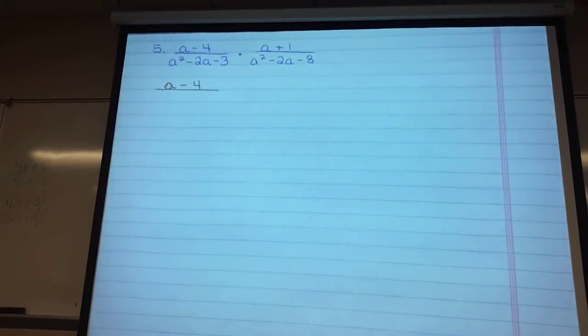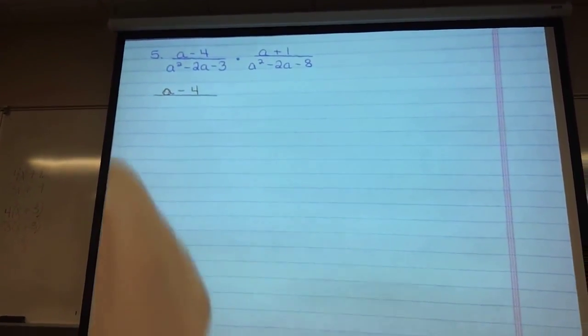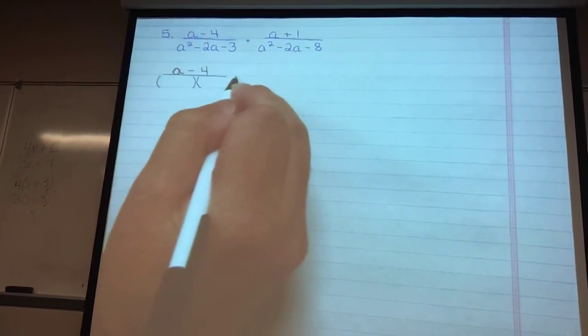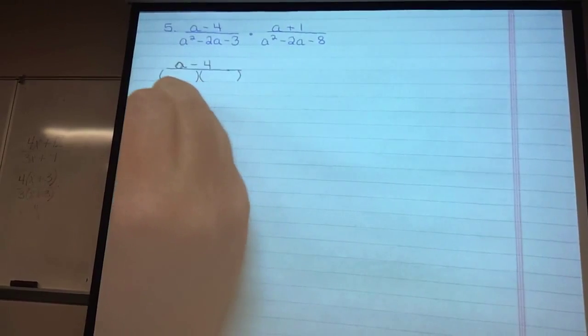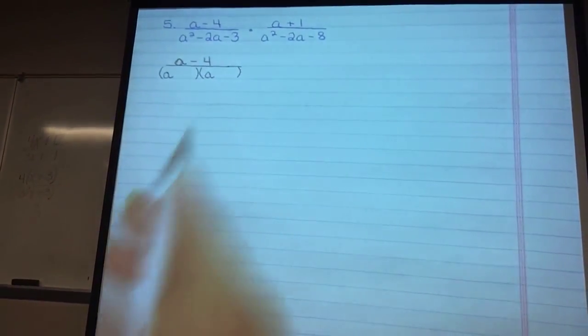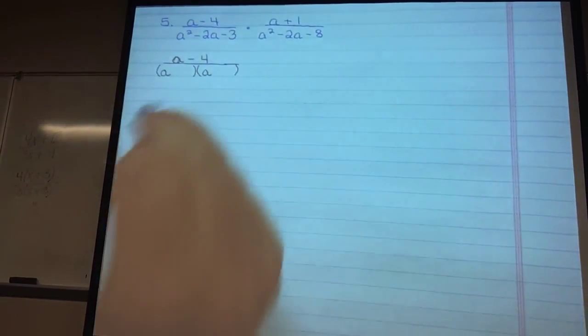Can you tell what kind of factoring's in the second one? Simple. So I can make 2 sets of parentheses. I have a and a. And what numbers multiply to 3 but give you 2? 3 and 1.